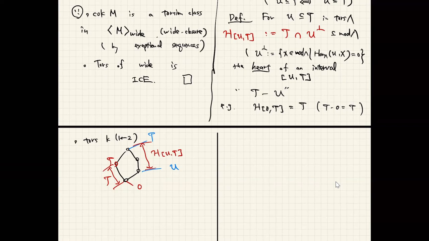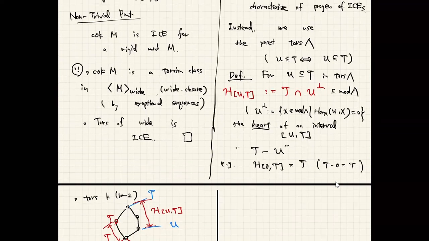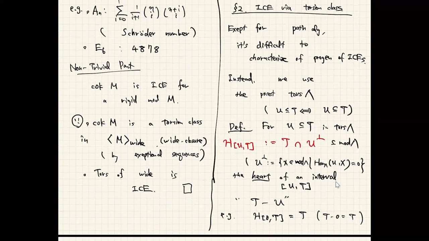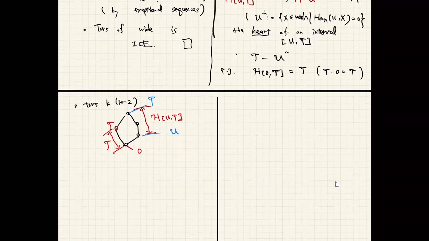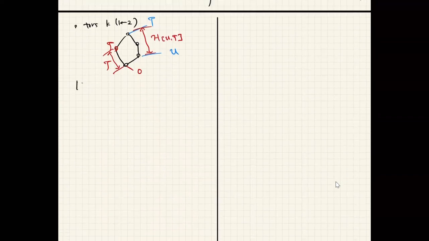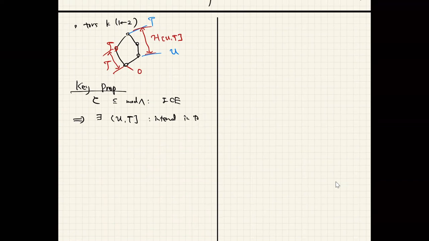The reason why I started to talk about hearts of intervals of torsion classes is the following key proposition, which says that if C is an ICE-closed subcategory, then there exists an interval in the poset of torsion classes such that C is equal to the heart of this interval.